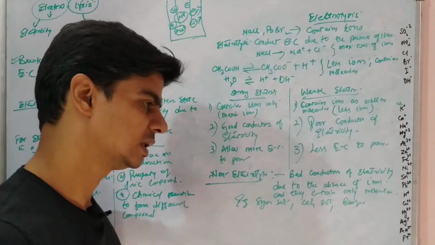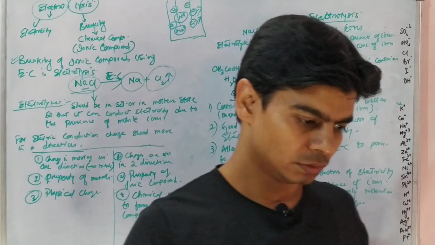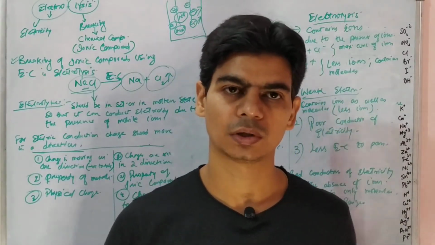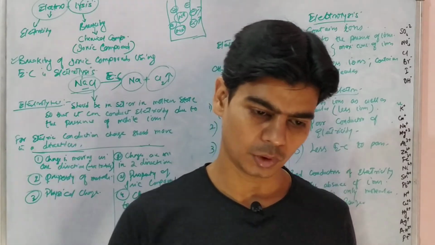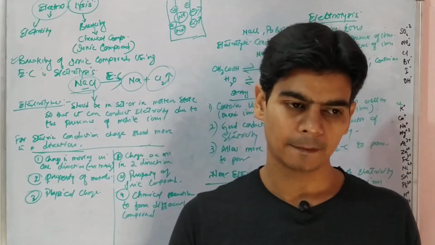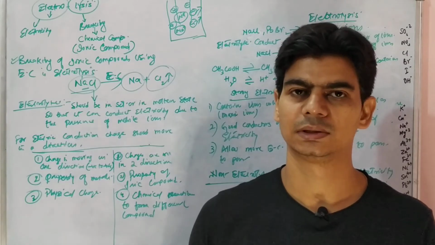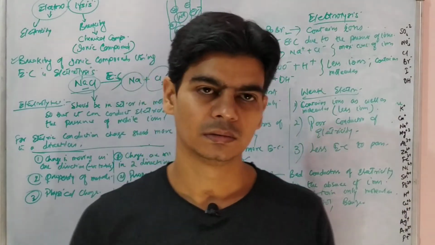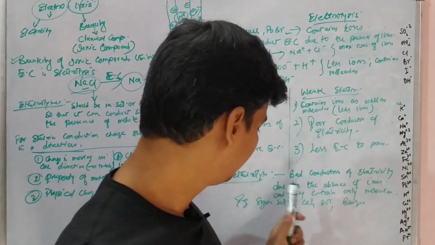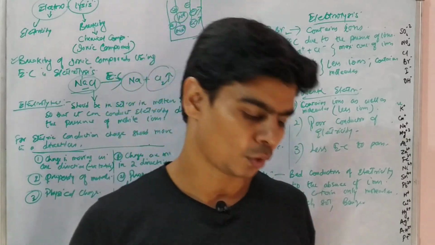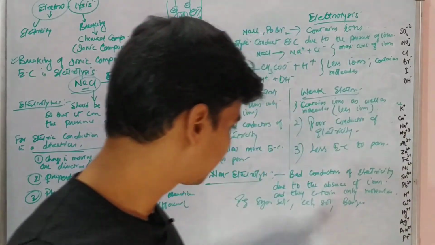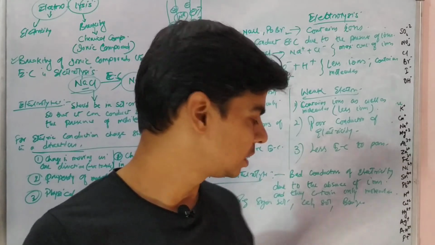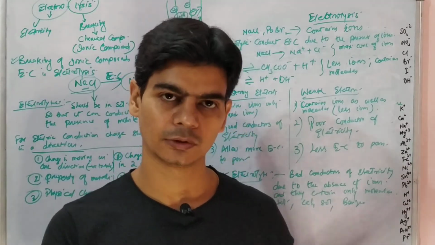This is important. It has been asked many times: why is a solution of carbon tetrachloride in water or a sugar solution in water a bad conductor of electricity? What you will write: if something is a bad conductor of electricity, it does not contain ions, right? So when you dissolve sugar in water, or carbon tetrachloride or benzene in water, these compounds do not form ions in solution.